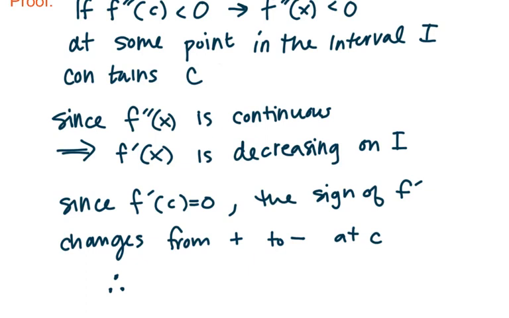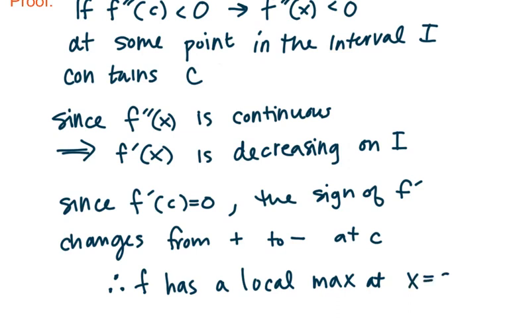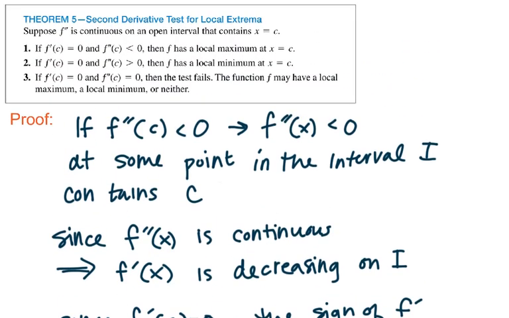And because we have that sign change, that means we went from increasing to decreasing, there would be a max. So therefore, f has a local max at x equals c by the first derivative test. And the argument we would use for part 2 and part 3 follows in a similar fashion.